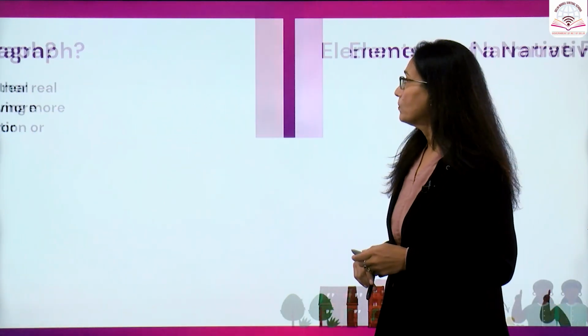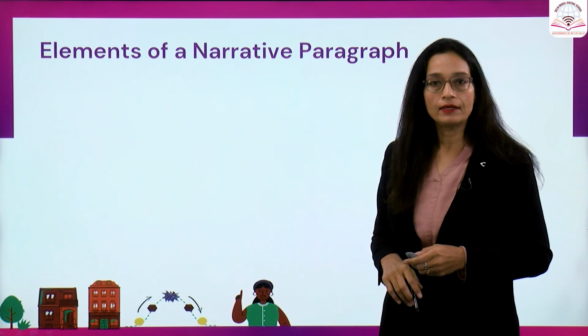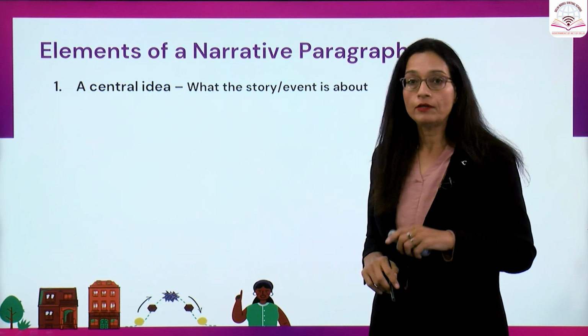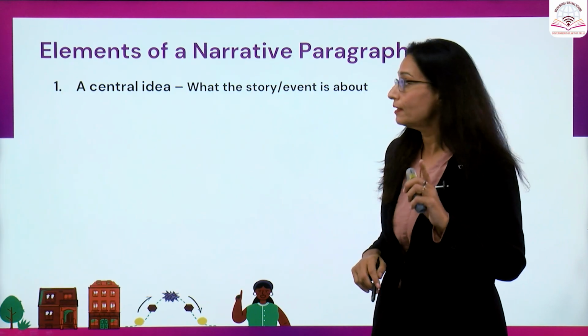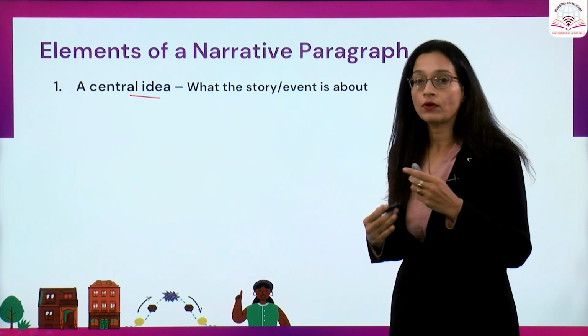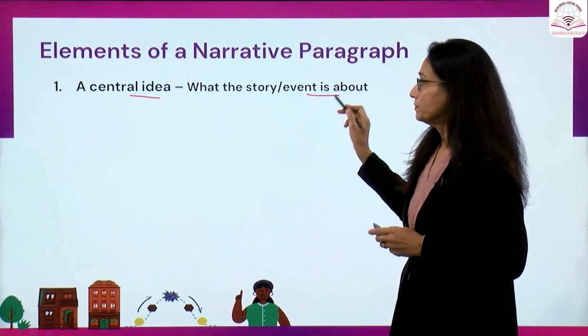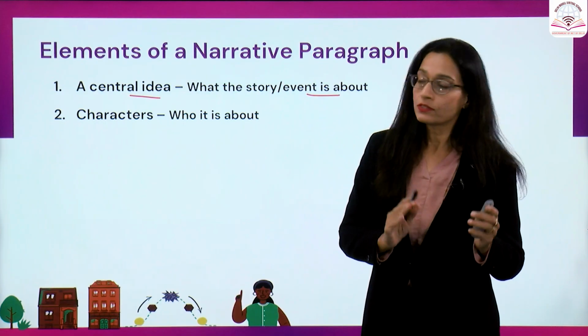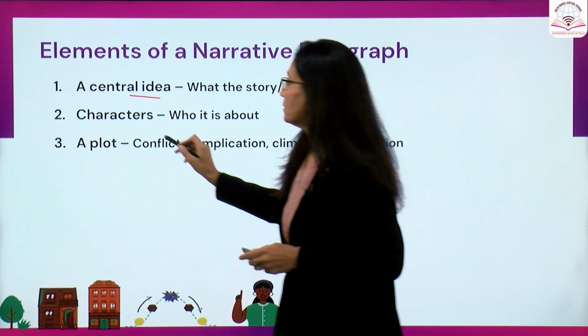Let us talk about the elements of a narrative paragraph. The elements start with the most important element, and that is the central idea, what the story or the event is about, and the characters who are there in your story. Then comes the plot.